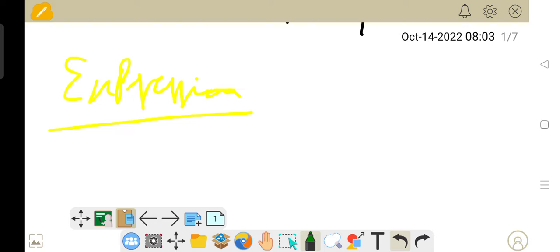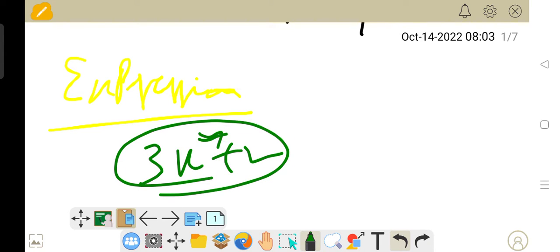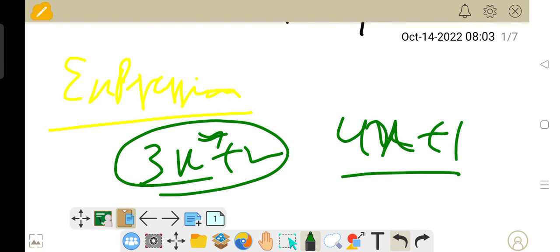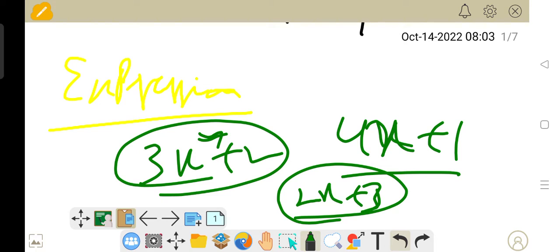For example, 3x square plus 2 is an expression. 4x plus 1, this is an expression. 2x plus 3, this is an expression. There is no equal to symbol in an expression. When we put 1, 2, 3, 4, 5 in the place of x, that value will be calculated only. There is no particular value for an expression.